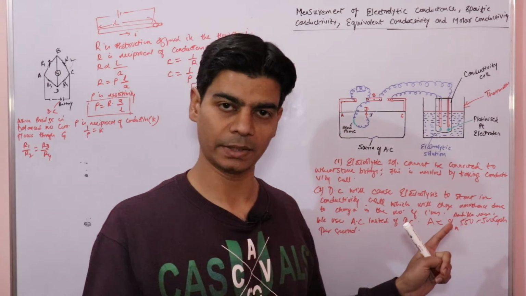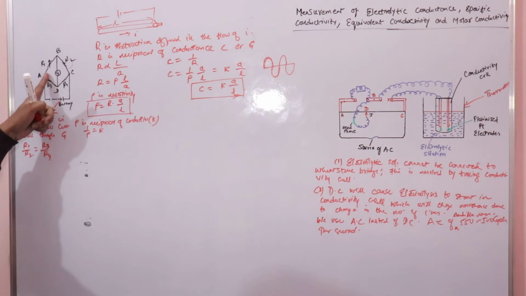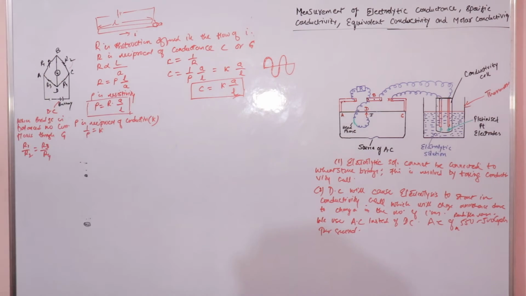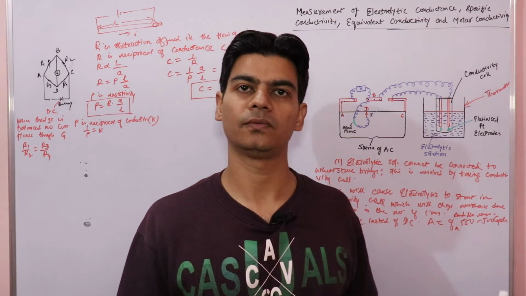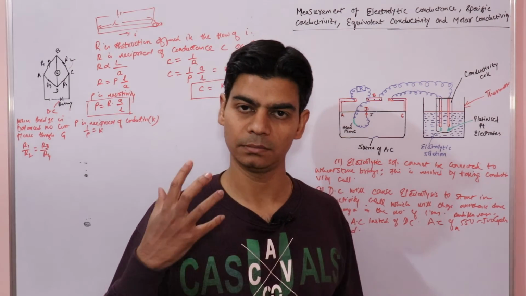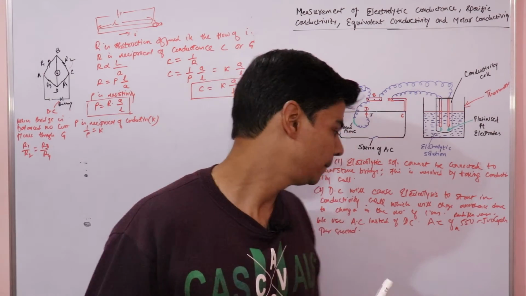Now again there is a problem. I have a galvanometer here, right? So I cannot use a galvanometer with alternating current. So instead of a galvanometer, we would be using a headphone, the normal headphones that we use to listen to music, right?